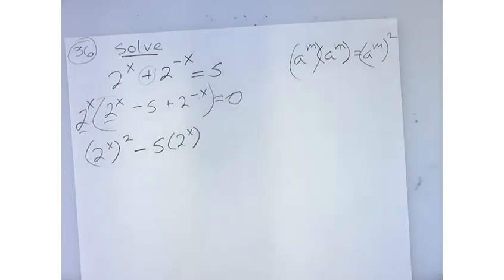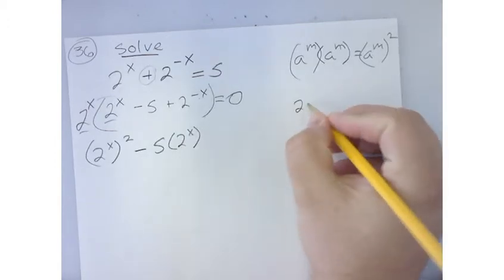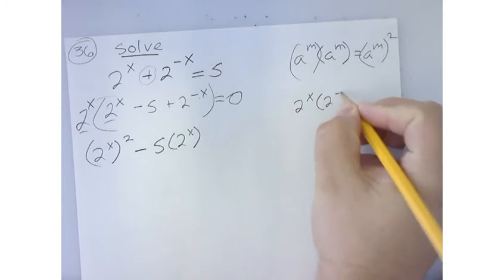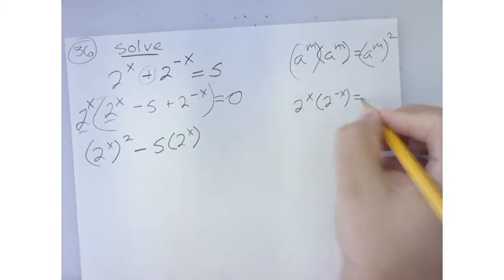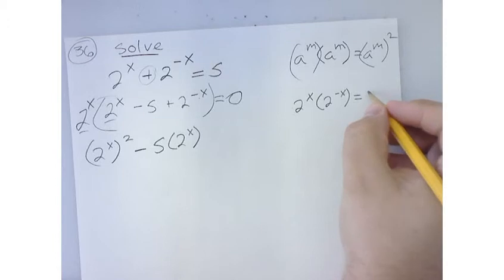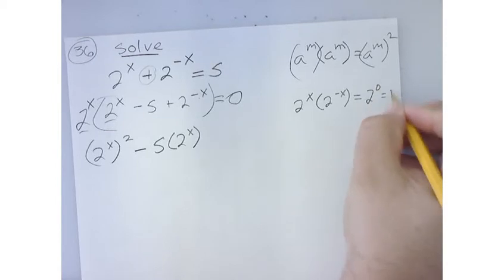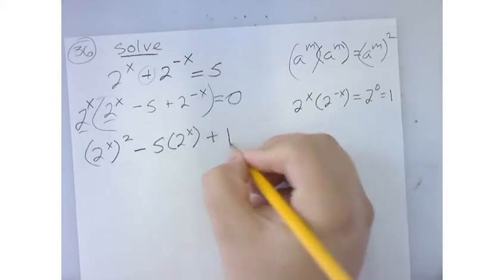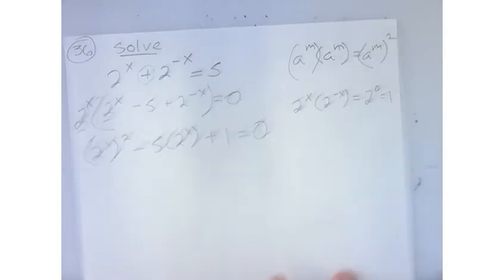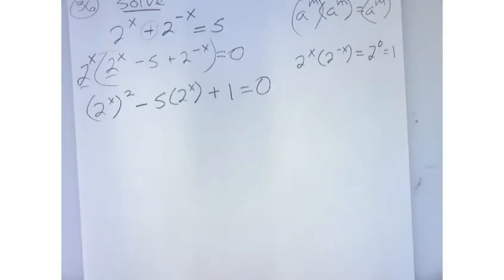And then what happens when I multiply 2^x times 2^(-x)? When I do this, it becomes 2 to the 0, which is 1. Wait, wouldn't it become 4 to the 0?